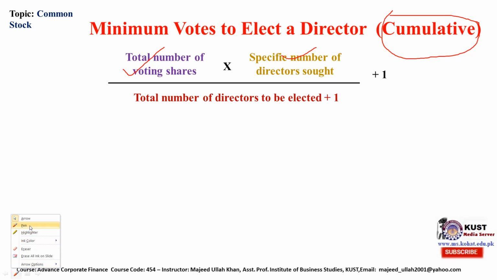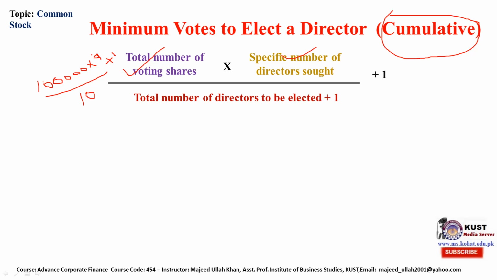For example, if you have total voting shares of 100,000, multiplied by the specific number of directors sought, divided by 9 plus 1, which is 10, plus 1.